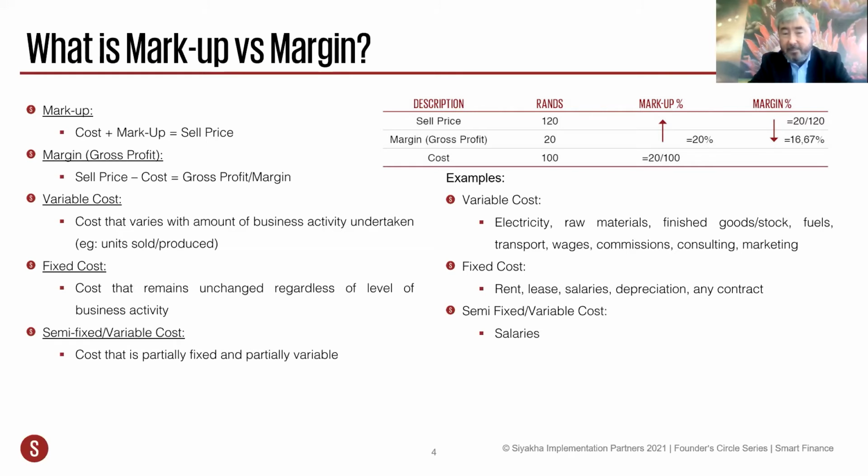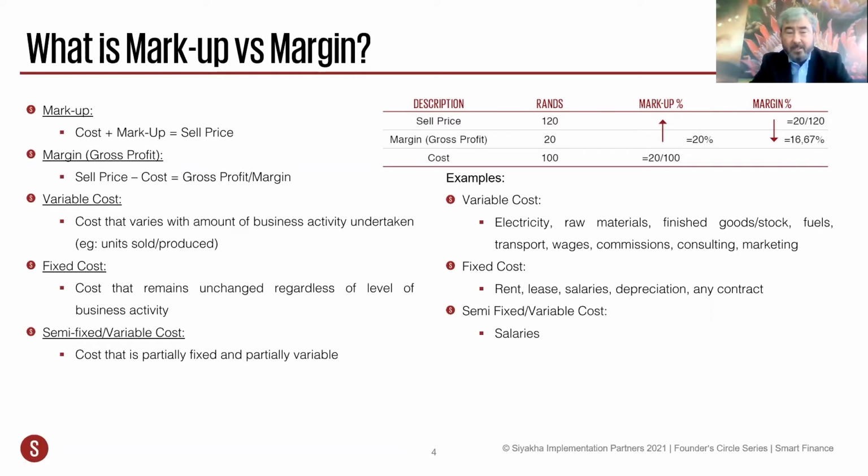So if we work out the percentage markup, it's 20 over the 100, which is the cost, because you're marking it up to the selling price. That gives you 20%. And for the margin, it is then 16.7%. So you've got a slightly different number coming through.